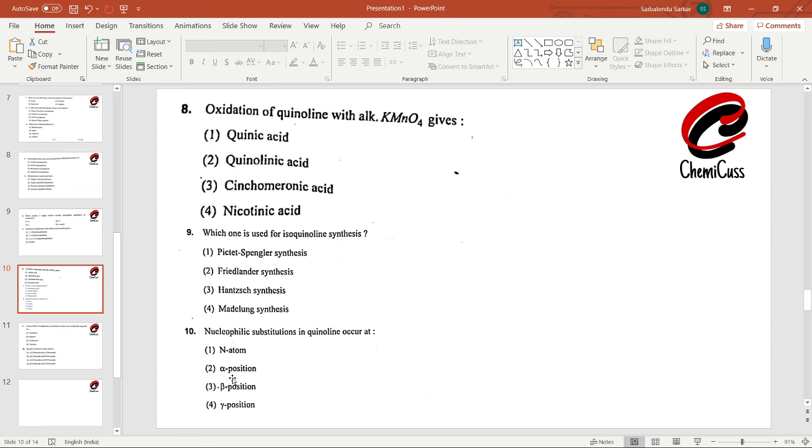Option number 2, the alpha position, because that is the electron-deficient position. For nucleophilic substitution, the incoming electron density from a nucleophile needs a place where the electron density is lower compared to other places. So for question number 10, option number 2 is the correct option.